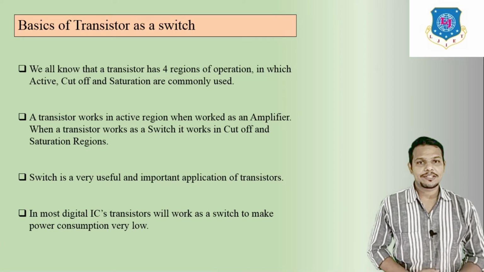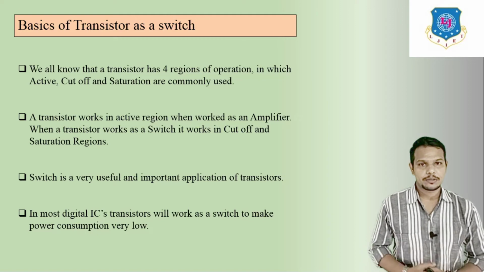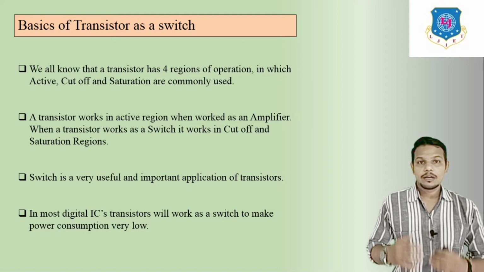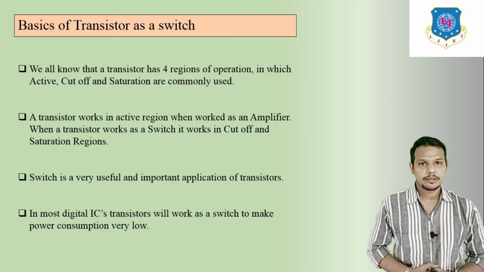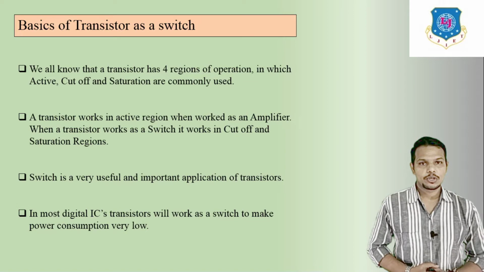We all know that a transistor has four regions of operation, in which the active region, cutoff region and saturation region are commonly used. I said four regions of operation, that means active forward and active reverse regions.